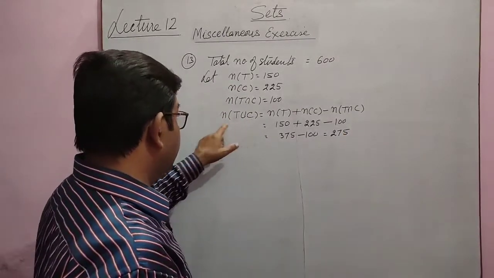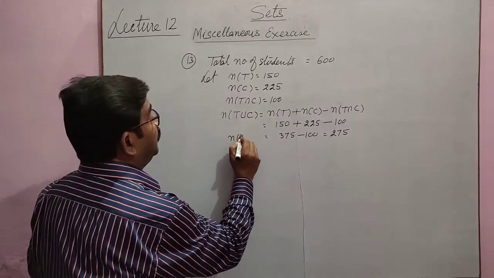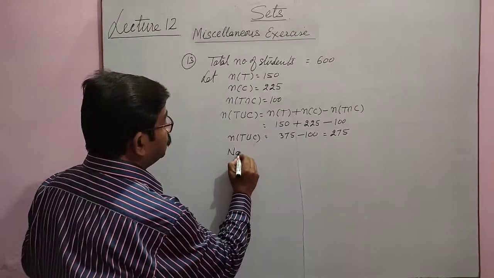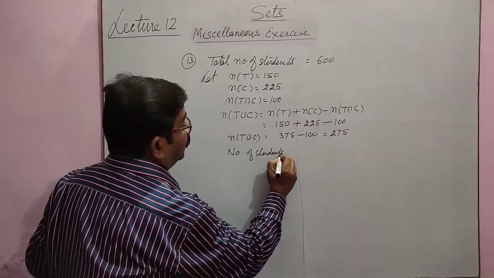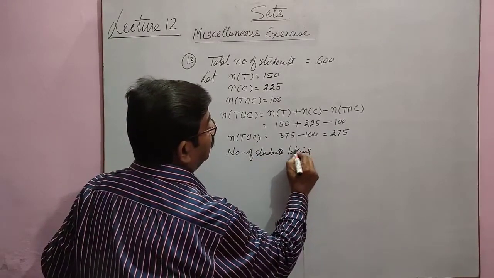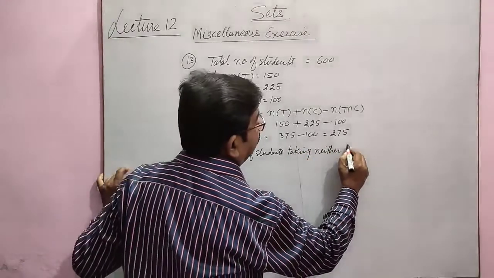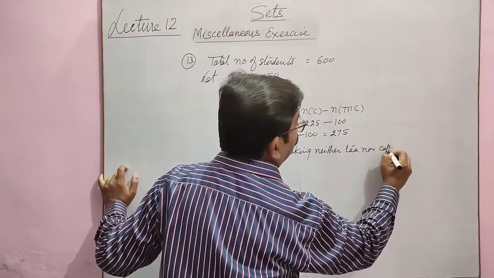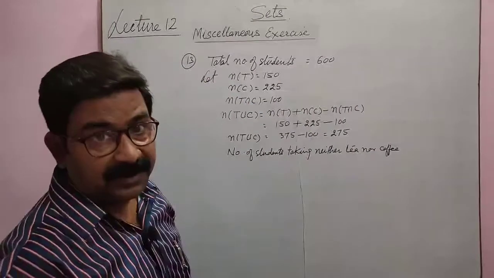275. This is (T union C). So the number of students taking neither tea nor coffee. Simply we will find the complement of this.